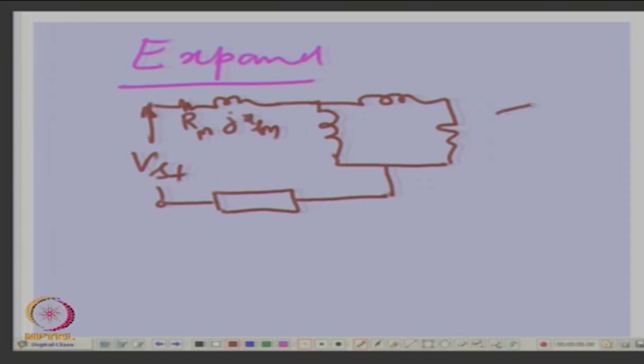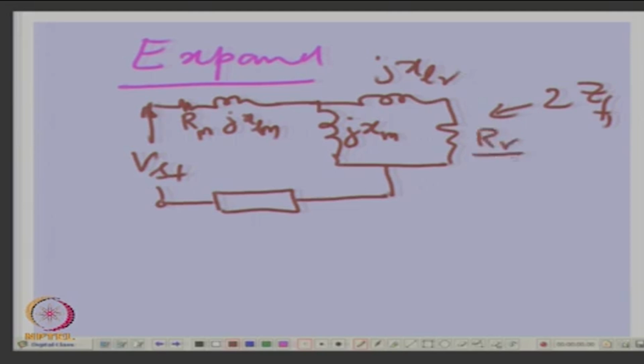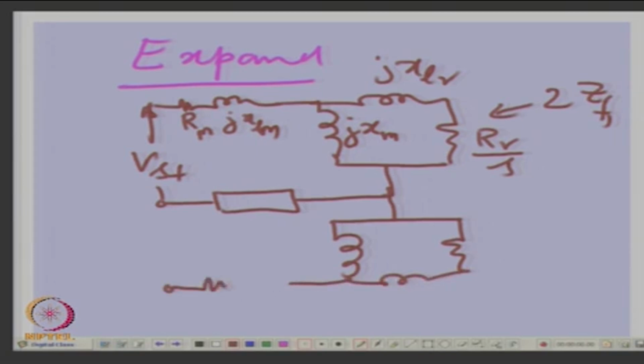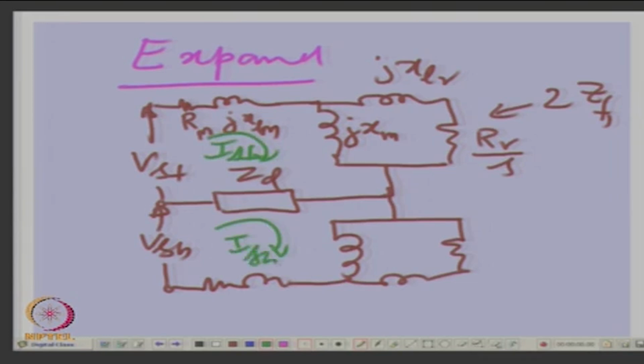This is basically twice ZF1, and according to the definition which we have, twice ZF1 will be jXM, so this will be jXLR, this will be RR by S. So, this will be ISF, ISB.